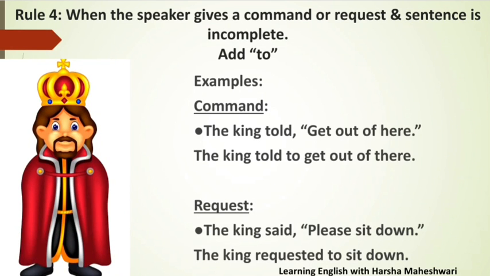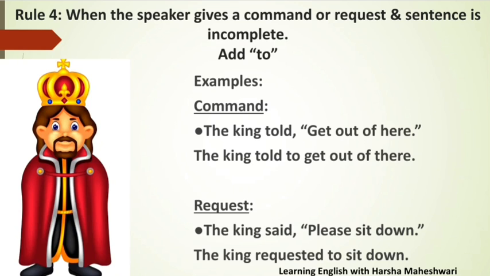Our fourth rule is, when the speaker gives a command or request and the sentence is incomplete, add to. You will add to before the dialogue. The first sentence is a command. The king told, "Get out of here."